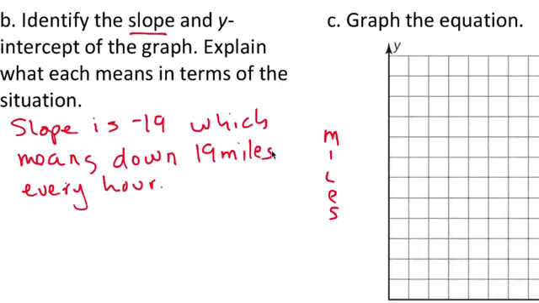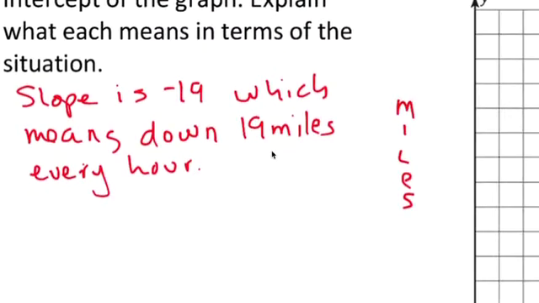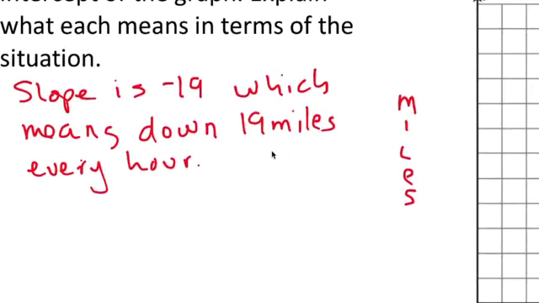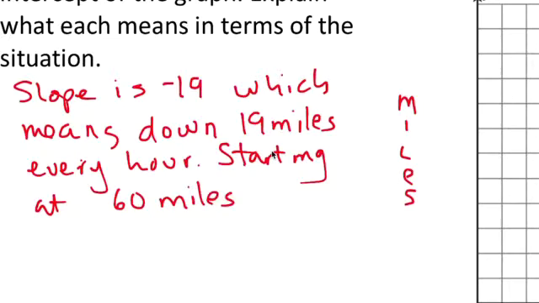He has 19 fewer miles for every hour he rides, starting at 60 miles at 0 hours.